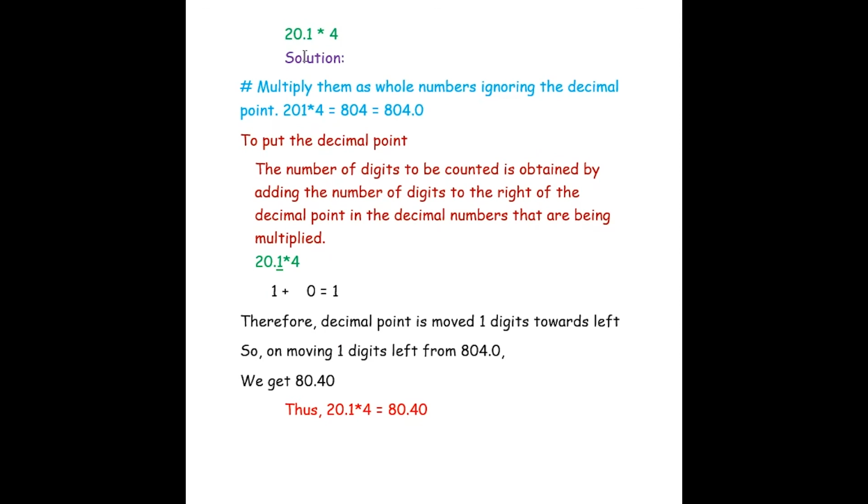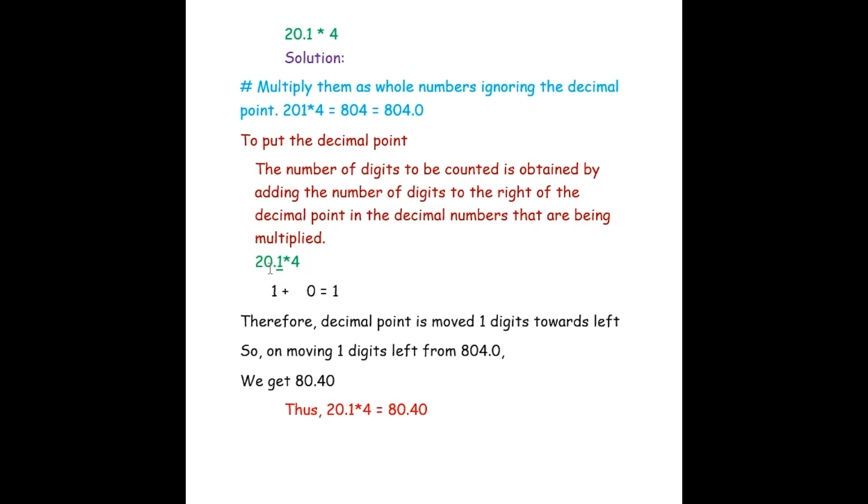It is 20.1 into 4. Solution. First step, ignore the decimal point. So you will get 201 into 4. If you multiply, you will get 804. Express it as a decimal number. So it is 804.0. Next step, you have to move this decimal point to the appropriate place. To do that, you have to see how many digits are there in the question to the right of the decimal point.